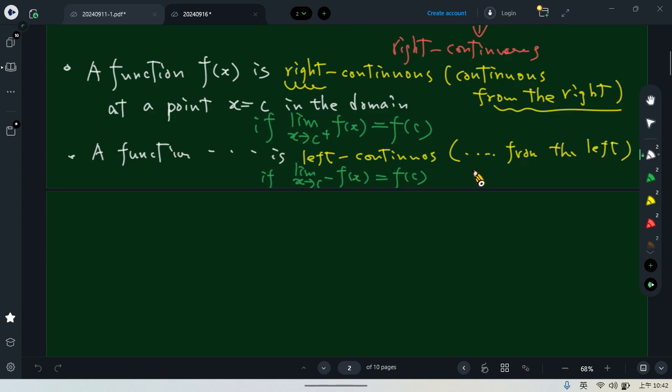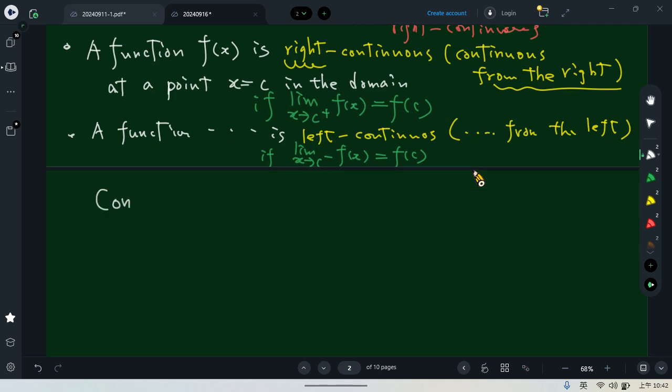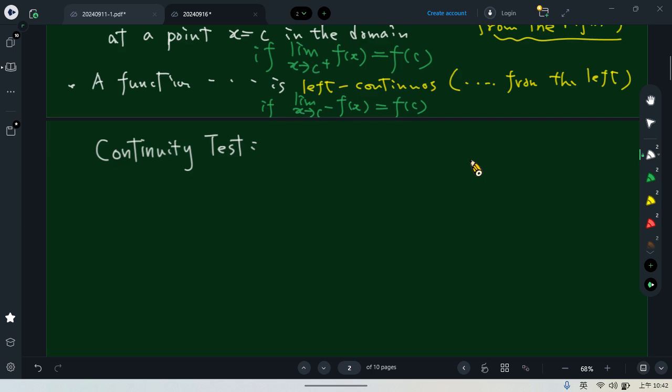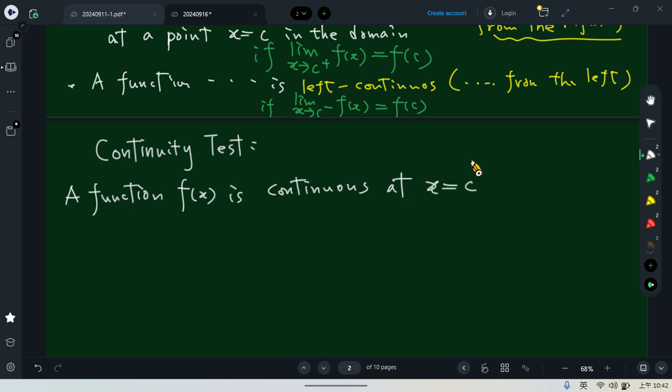Okay, so this is just an example. We need to define the rule for the continuity test. If a function f of x is continuous at x equal to c if and only if, and if and only if means bidirectional.